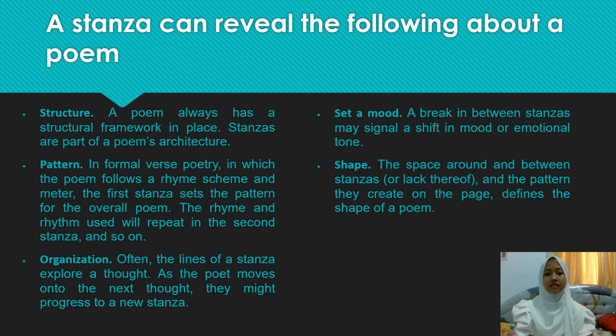The first stanza sets the pattern for the overall poem. The rhyme and rhythm used will repeat in the second stanza and so on. The third is organization. Often the lines of a stanza explore a thought as the poet moves on to the next thought. They may progress to a new stanza.